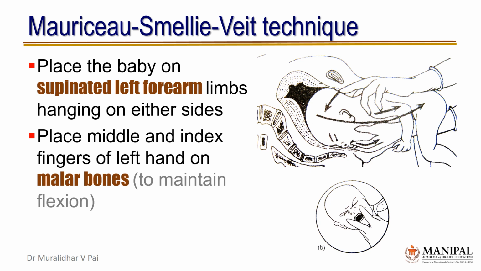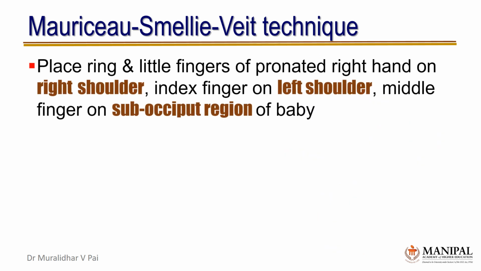The middle and index fingers of the left hand are placed on the malar bones of the baby in order to maintain flexion of the head. The ring finger and little finger of the pronated right hand is placed on the right shoulder and the index finger is placed on the left shoulder.